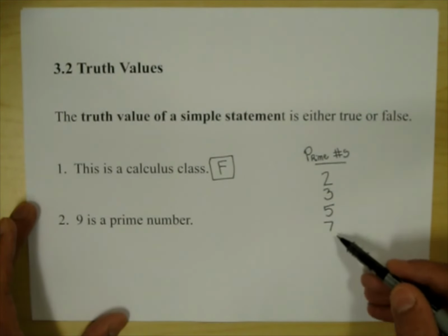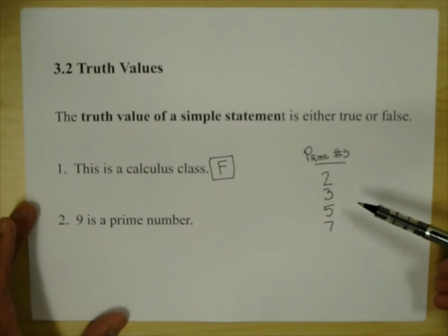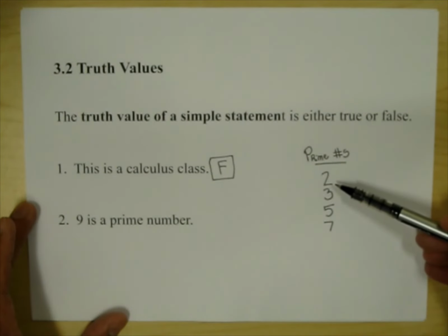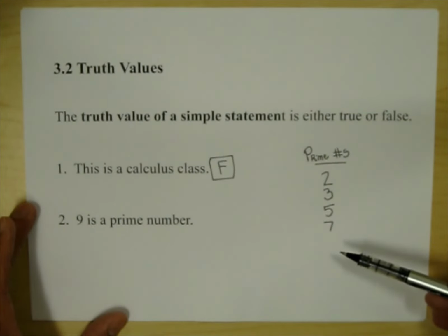So there's no more even numbers on this list, because 2 will go into them, and so will 1, and so will the number itself. So the only even number on the list is the first prime number, which is 2. Some people say that 2 is the oddest prime number. Okay, that was supposed to be funny, but no one seems to be laughing.